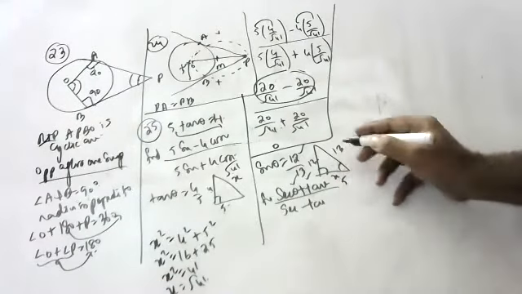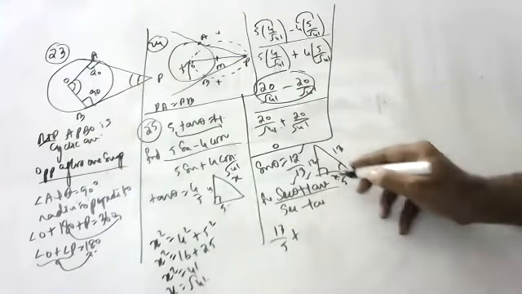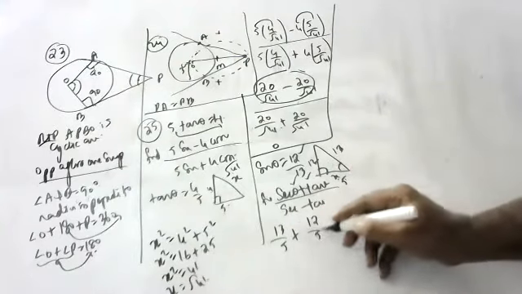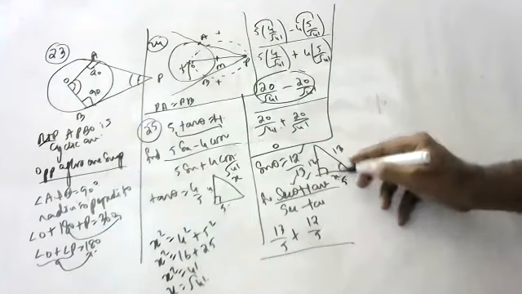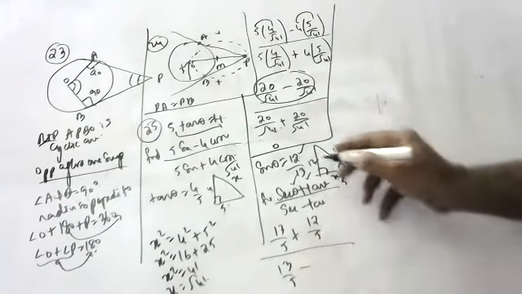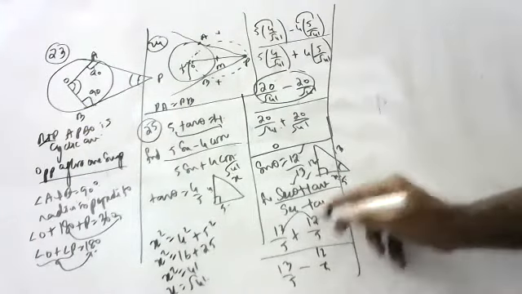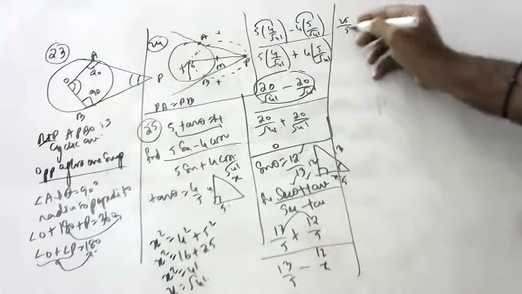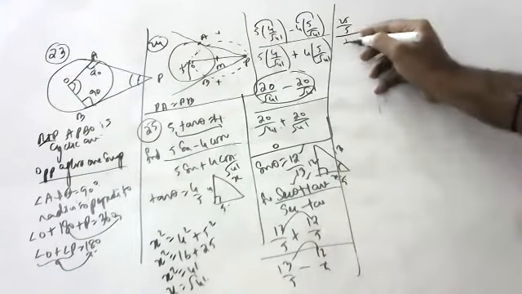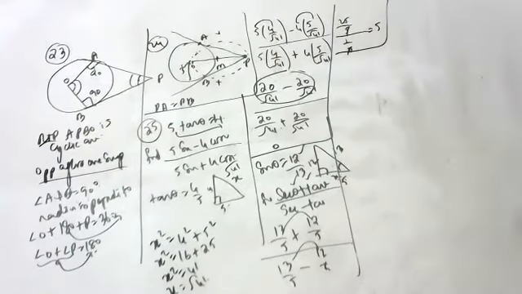Secant theta is hypotenuse by adjacent, 13 by 5. Tan theta is opposite by adjacent, 12 by 5. So 13 plus 12 is 25 by 5, minus 1 by 5. The 5s will cancel. Answer is 25.